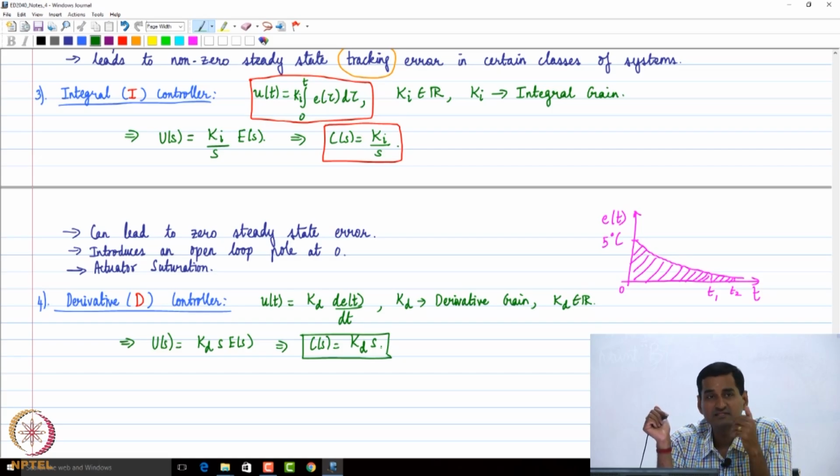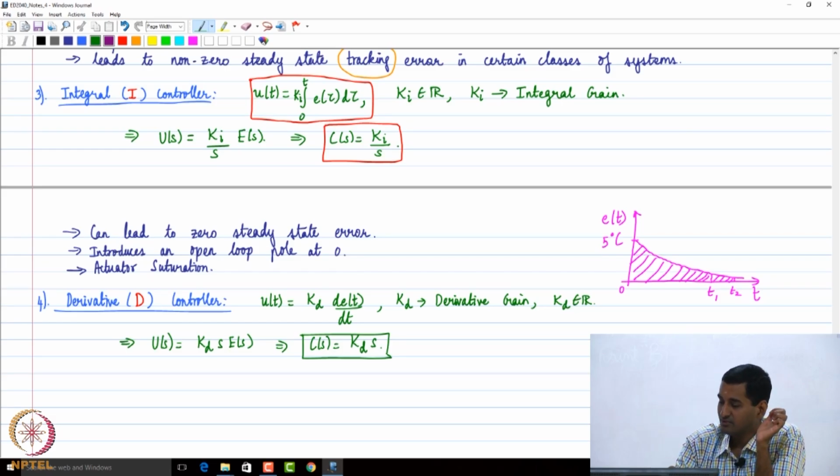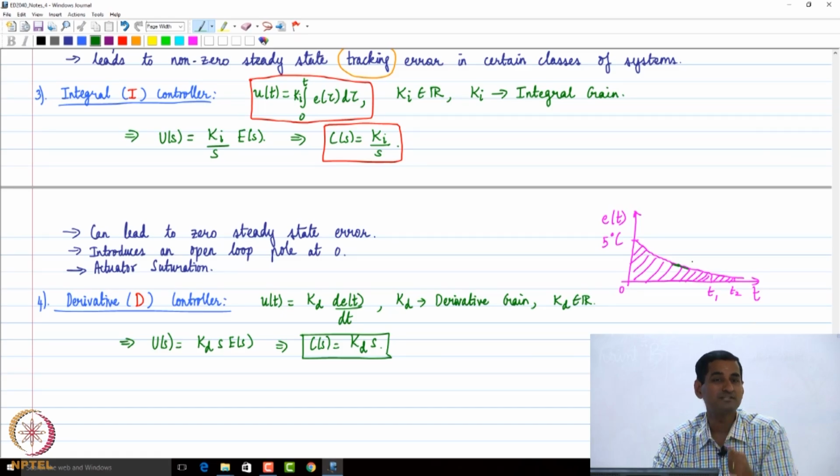But physically, what does the derivative controller do? The error is going to change more in the future, then it will do a higher correction. Very good. If you look at the derivative action itself, say you take any time t. The derivative is going to calculate the slope of the error. So in a certain sense, it's peeking into the future.